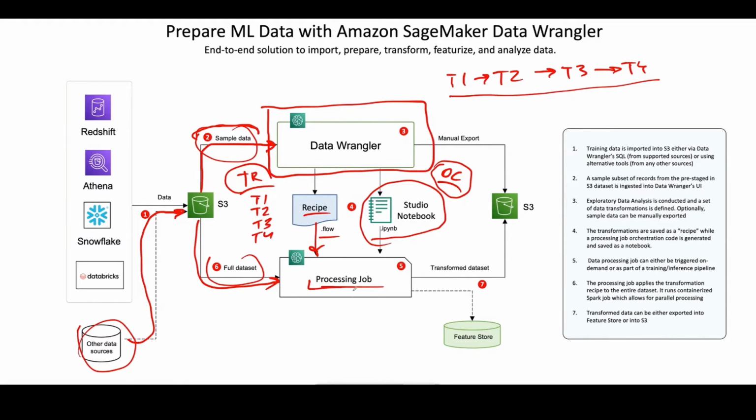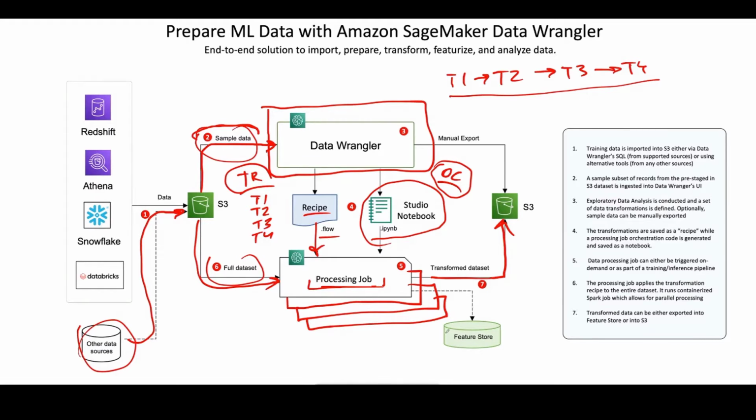And these processing jobs are powered by Spark clusters, and they are highly scalable and can do massive parallel operations. So there could be multiple instances of them running, and you are actually in control of that. And in the end, the transformed data set will be stored back into S3.